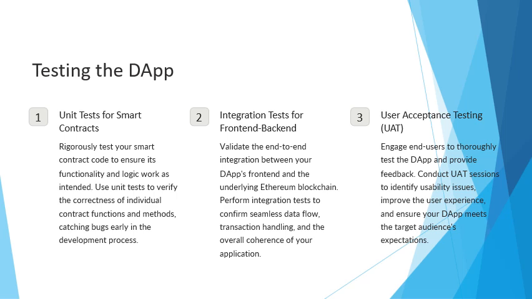We perform integration tests to confirm seamless data flow, transaction handling, and the overall coherence of our applications. Then we use user acceptance testing. We engage end users to thoroughly test the DApp and provide feedback. Conduct UAT sessions to identify usability issues, improve the user experience, and ensure your DApp meets the target audience's expectations.